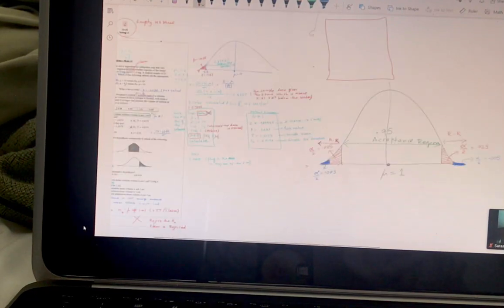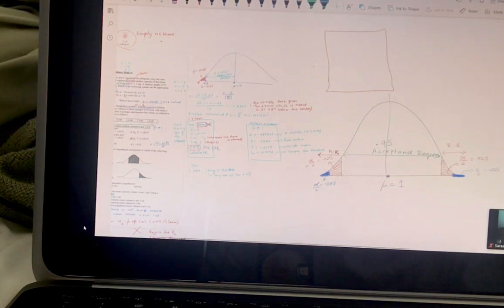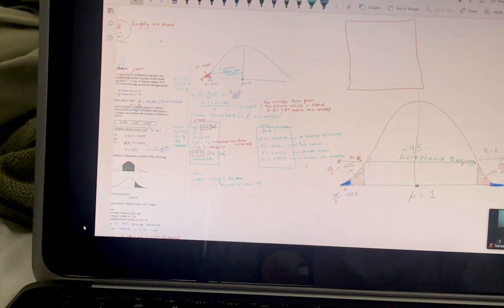Messy job here, I don't have room. All right, so go to stat and then test, and then select option number 1, which says Z test.